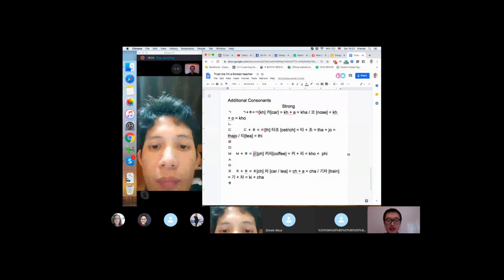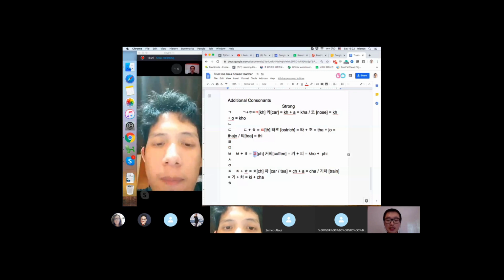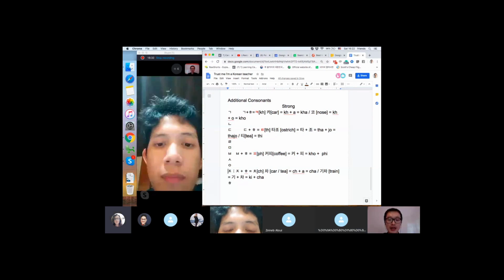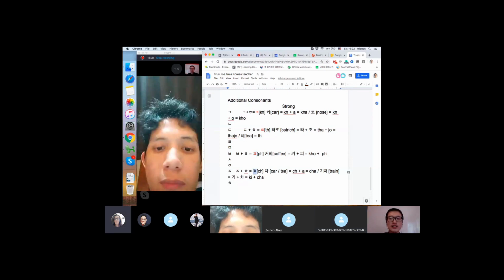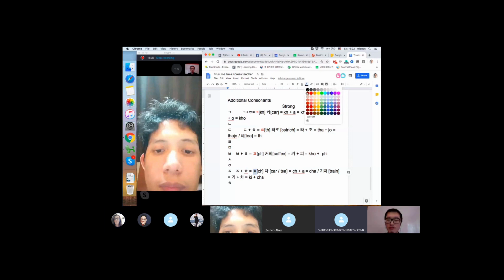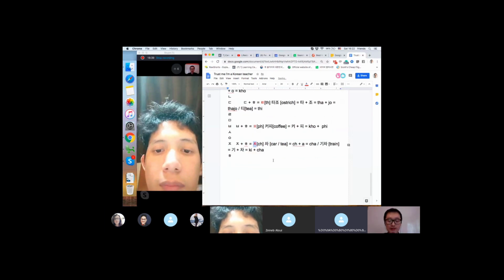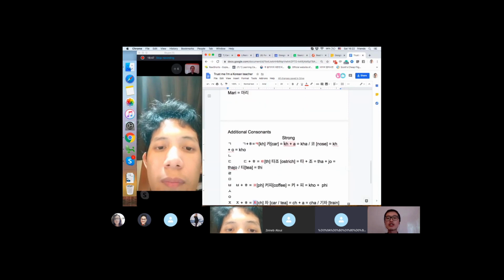The strong consonant of 비읍 looks like this, and the sound is p. And the strong consonant of 지읒 looks like this, right? And the sound is ch. Okay, so those are the strong consonants.